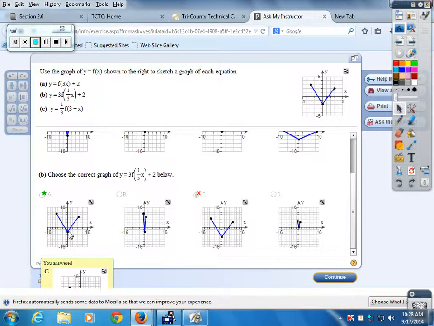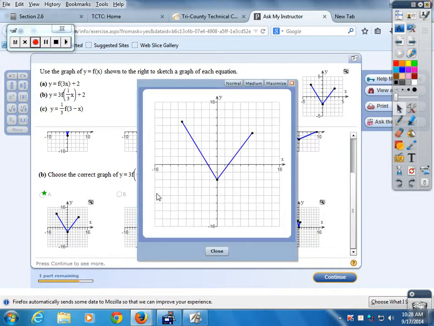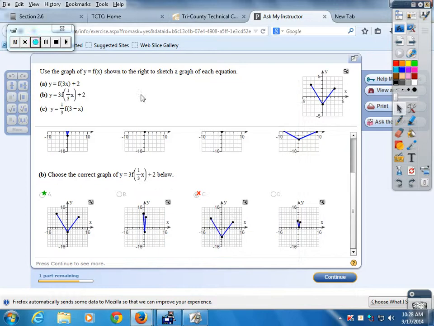Okay, nothing happens to it because of the 3, but let me blow this up a minute. 2, 4, 6, 8, 10, 12, 14, 16. Yeah, 4. Why would it be 4 though? I have no idea, because it looks like the vertical shift would be at 0. I'll have to research that one. I'll research it and we'll figure that out.